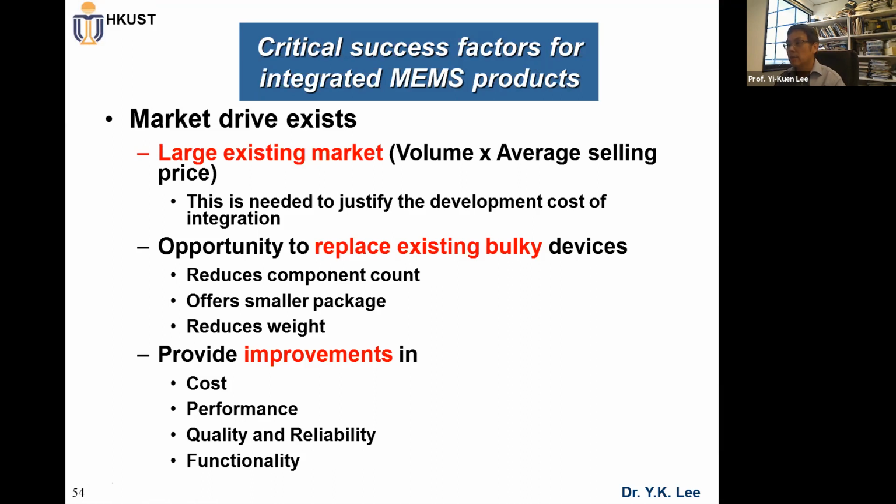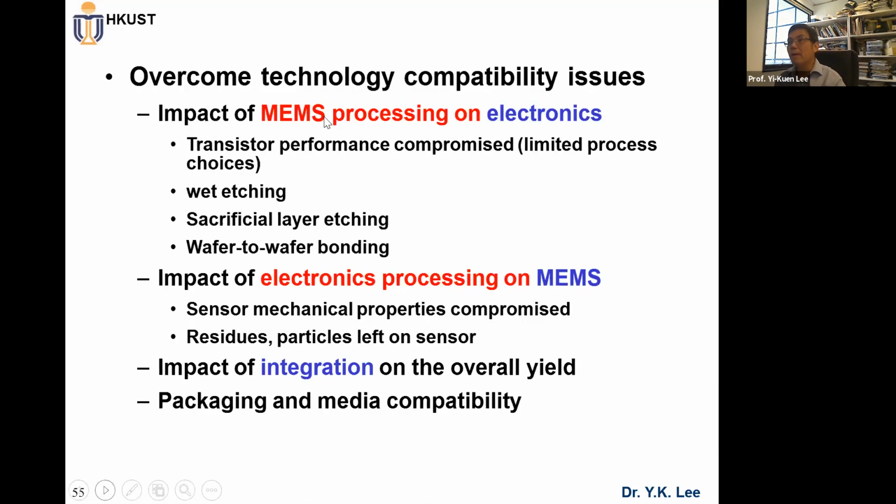Next, we try to show you how to overcome the difficulty, and actually our main engineering challenge is how to do fabrication. Micro machine and microelectronics: sometimes if you build the micro machine on the microelectronics, your IC electronics may have problems, so you need to think about this.